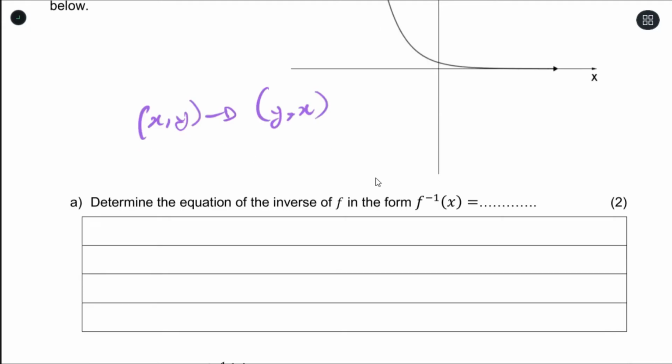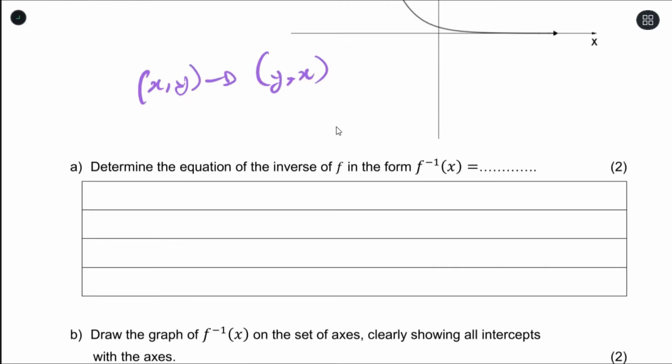We're asked to determine the equation of the inverse of f in the form of f to the power of negative 1 of x. So to determine the equation of the inverse, we write our equation first of all, which, as you know, can be written as this. x and y change places.